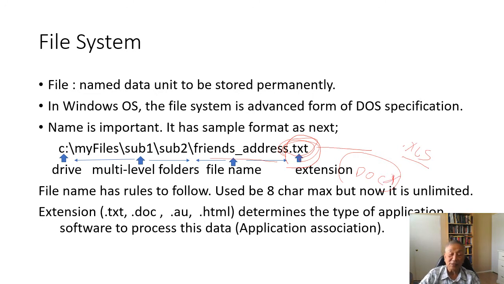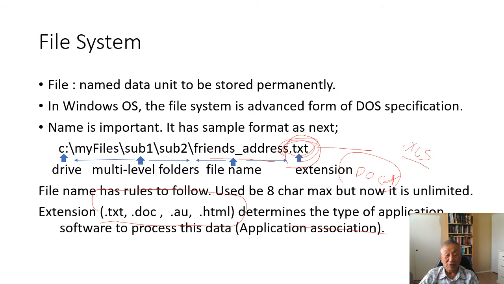That's since the Office Suite 2000 later, those things got an X at the end. That's what extended means. So there are a whole bunch of extensions that determine the type of application.